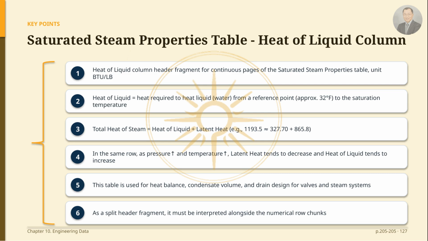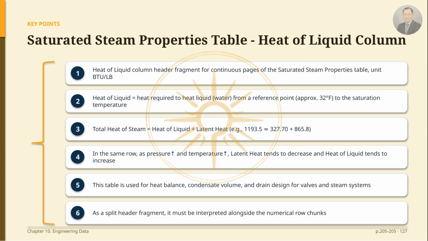This segment points to the sensible heat of liquid column of the saturated steam properties table. Sensible heat of liquid, referred to as heat of liquid, is the amount of heat required to heat water from a reference temperature to the saturation temperature at a given pressure, with the unit being BTU/pound. There is an important relationship here. The total heat of steam is the sum of the sensible heat of liquid and the latent heat of evaporation.